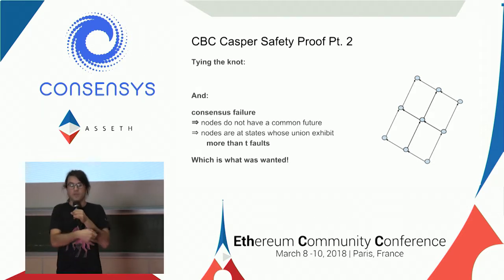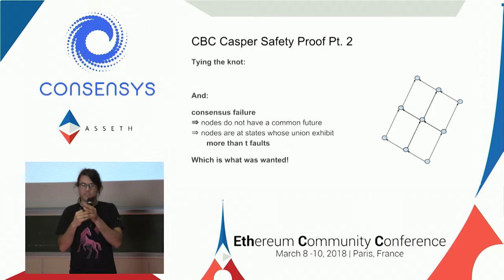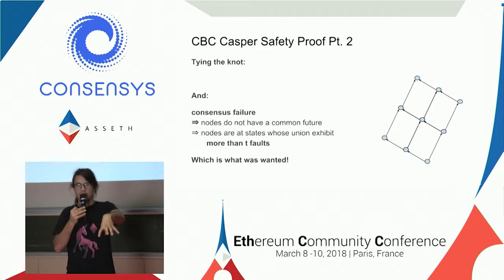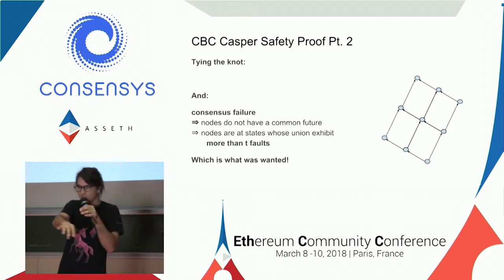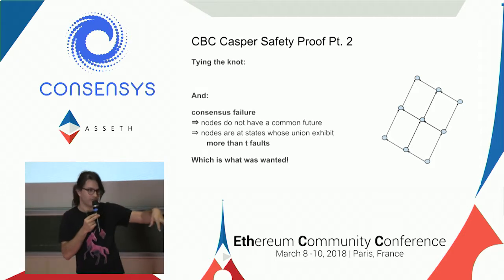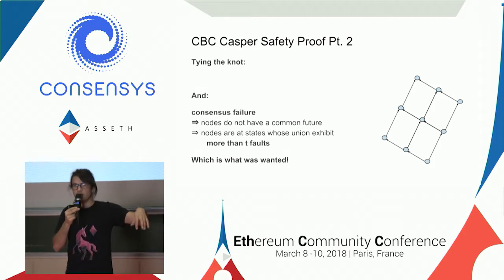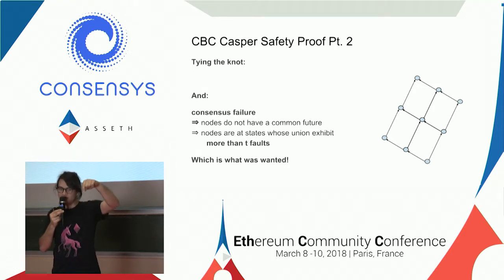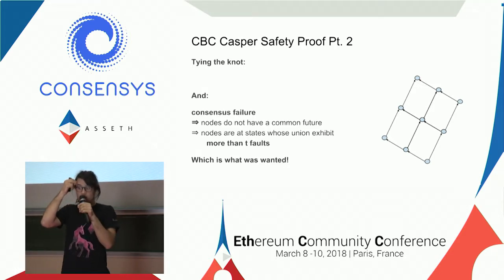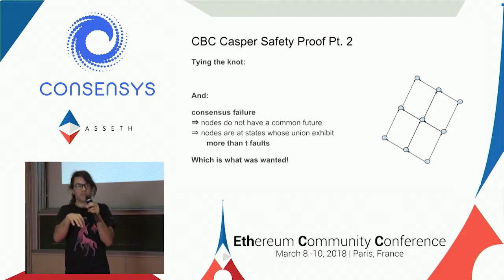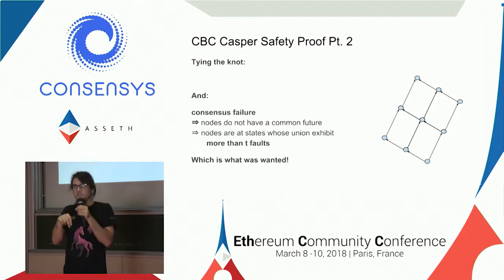So somehow I went through the process of setting up the proof in the first part, which I wanted to satisfy, and then I came up with a construction that satisfied it, rolling out the specification a little bit more. First I say, okay, we have protocol states and transitions, this estimator, this definition of safety. If nodes have a common future state, then they have consensus safety. And then we say, let's guarantee that nodes have a common future state by making protocol states themselves sets of messages that exhibit less than some number of Byzantine faults.